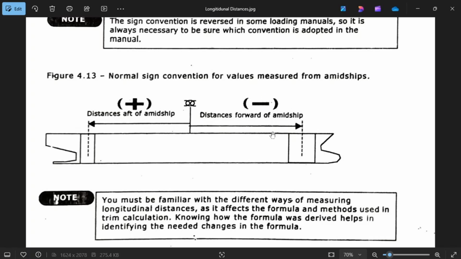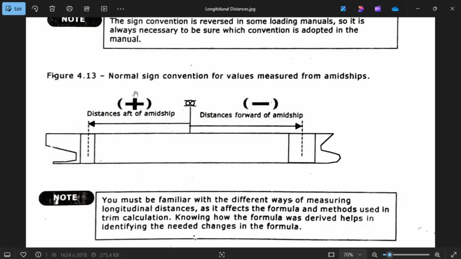In my opinion, they use the negative sign. So this is just a name. For example, your name is Peter. When you say Peter, it means he is forward of your amidship. On the other side, when he is behind this amidship, we call him Pedro, because Pedro is behind this amidship.